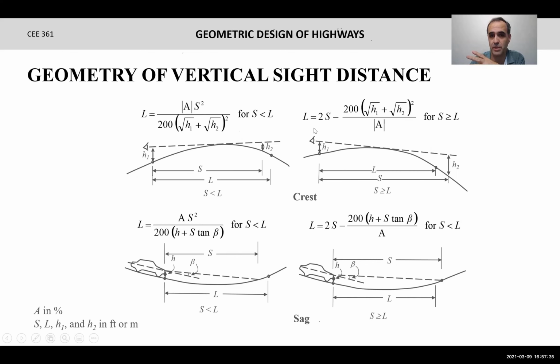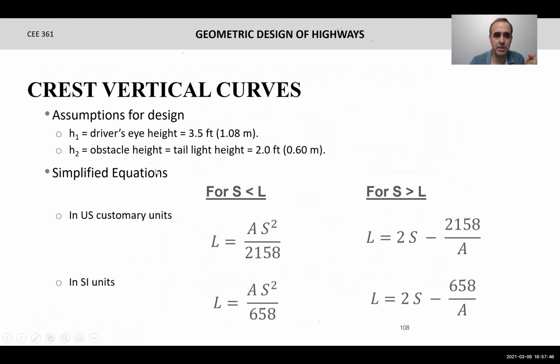This is for crest vertical curves, these two, and this is for sags. The problems that I just explained have units on them. So for the problem with crest vertical curves, you would pick these two equations or these two equations.